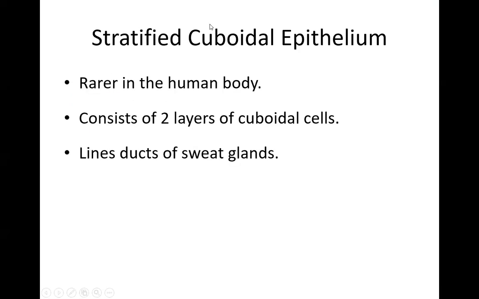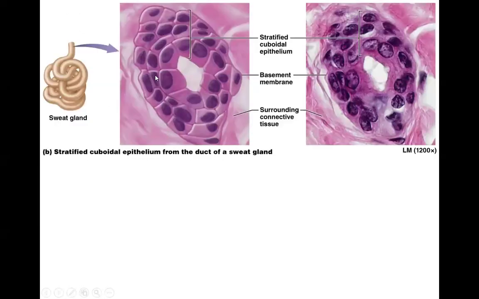So we did simple cuboidal, now it's stratified cuboidal. Stratified cuboidal epithelium is rarer in the human body and consists of two layers of cuboidal cells. They line the ducts of the sweat glands. So this is stratified cuboidal epithelium from the duct of a sweat gland.